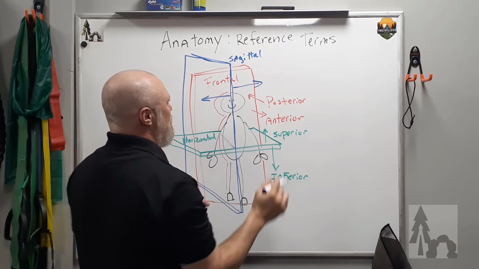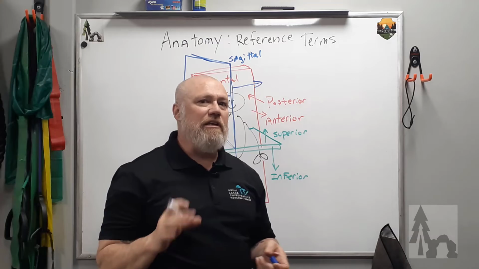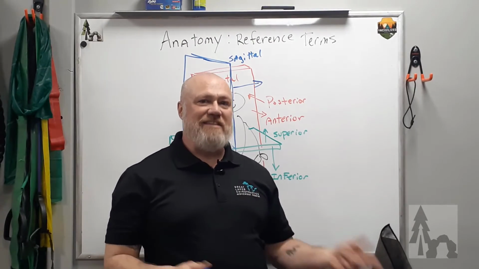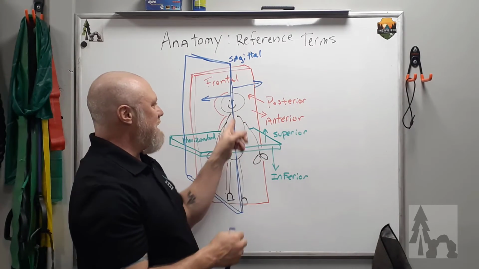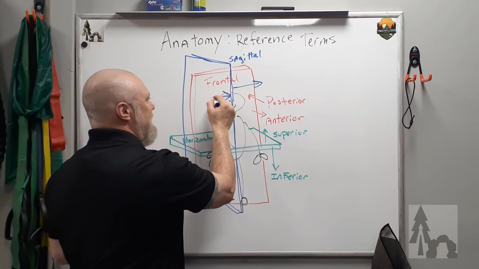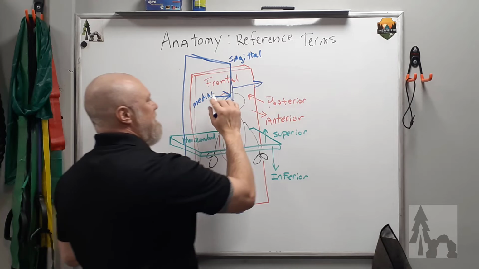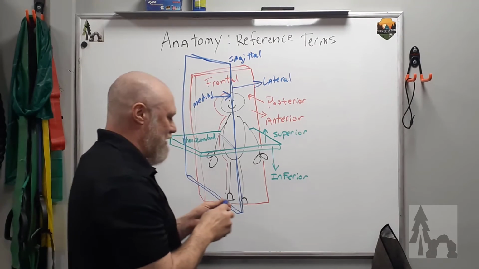Right? The sagittal plane could divide things into left and right, but to make things a little easier, although whenever you use left and right, you're always referring to the body's left, the body's right, we're going to say anything that's closer to the midline, anything moving closer to that midline, we're going to use the term medial. And anything moving away from that midline or further to the side, we'll say lateral.